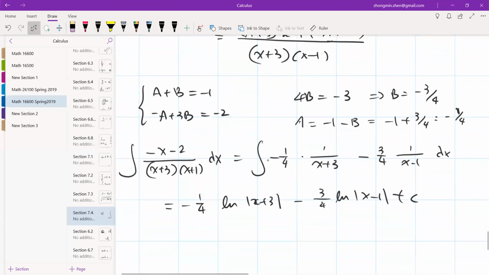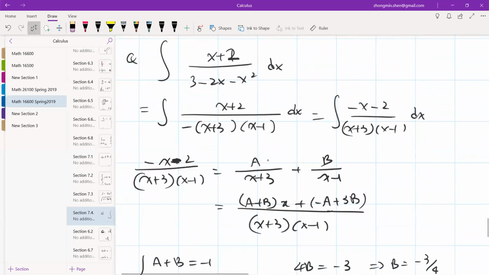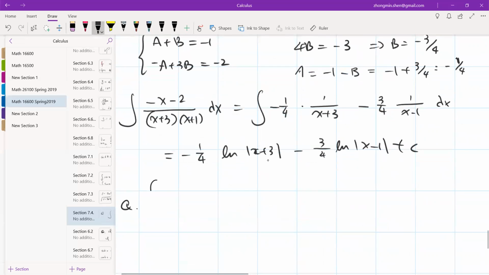So now if I increase the degree of the numerator, what happens? I still use the same denominator. I can change it to x squared plus 2x minus 3. Let's change the sign. This time, x squared, I can put anything there, right? x squared plus 2x, or plus 1x, plus x.